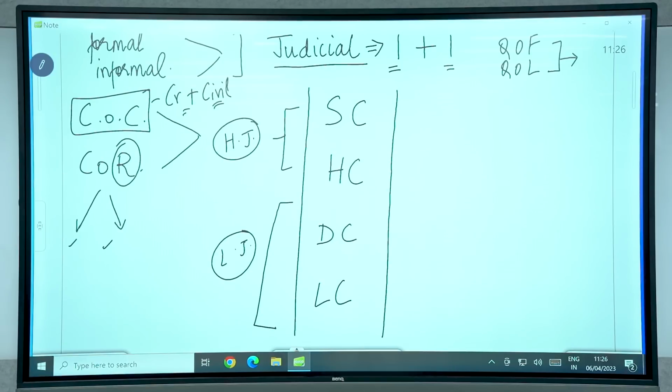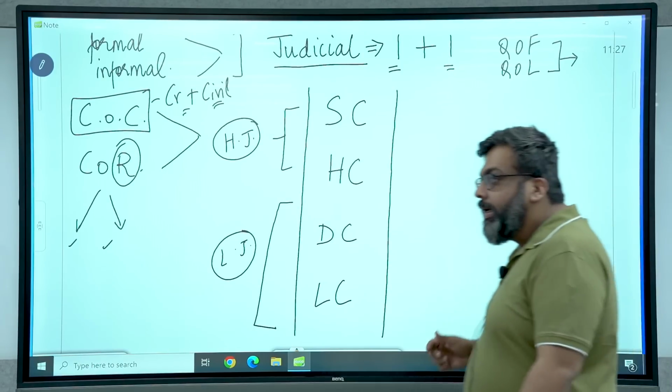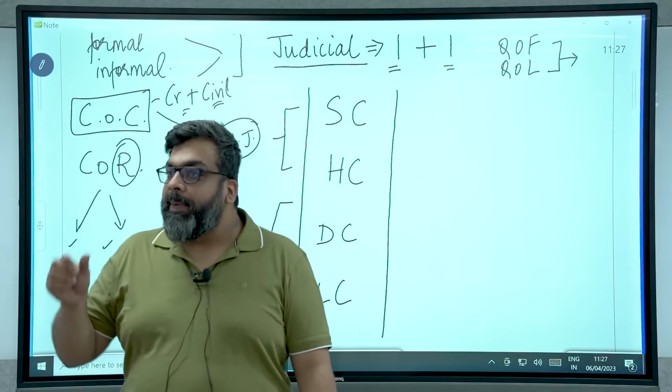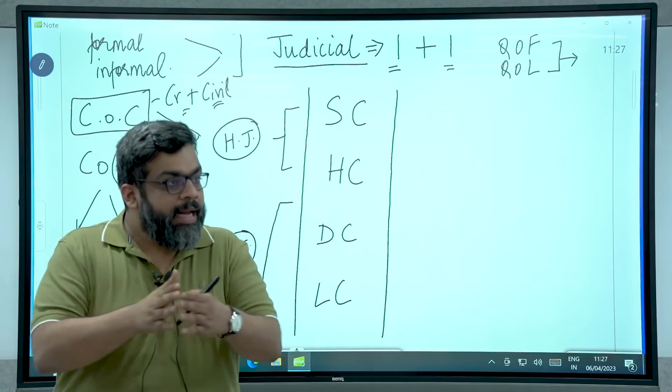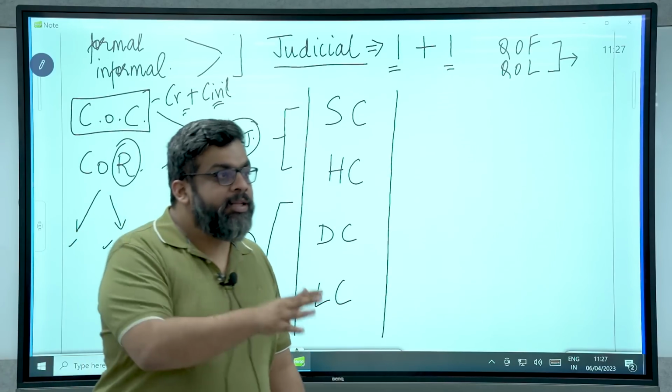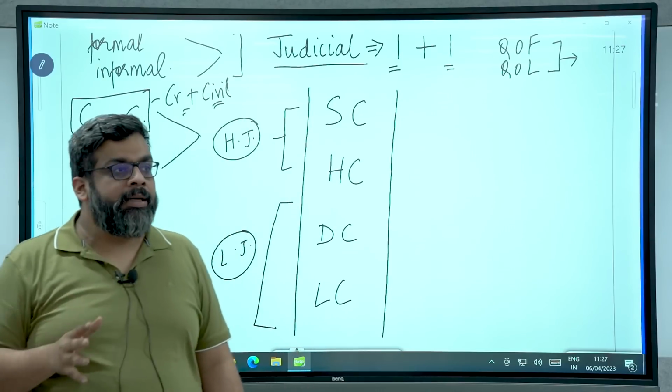So in a manner, the High Court of India has wider contempt powers than the Supreme Court of India. If the prelims option says that the High Courts of India can punish for contempt for a larger number of courts than the Supreme Court, that would be a correct option.